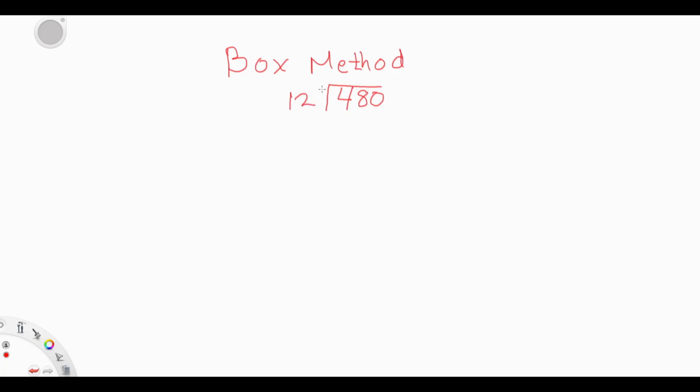All right, so again, we're going to be solving this problem using the box method. I set up the problem as if I was going to do long division or partial quotient.